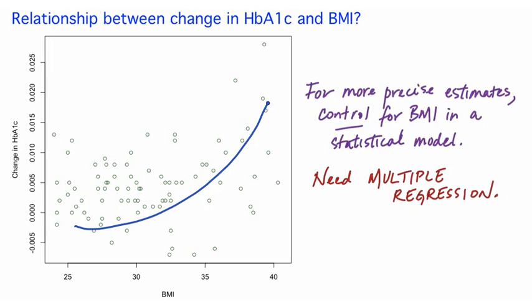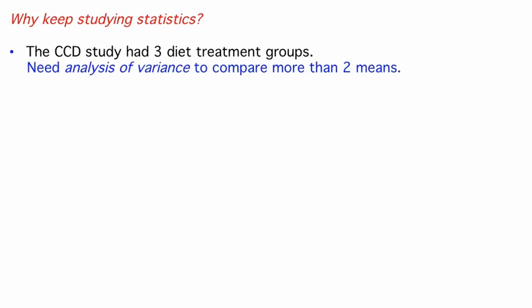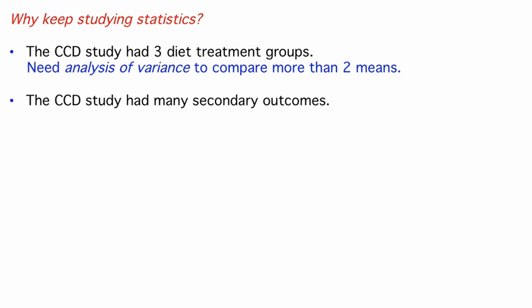Here are some other issues that came up in the CCD study, our study of the effect of carbohydrates in diabetes, for which some methods that you might learn in more advanced statistics courses would be useful. The CCD study actually had 3 diet treatment groups, not 2. In order to compare more than 2 means, you need a procedure called analysis of variance. The CCD study also had many secondary outcomes, not just CRP.